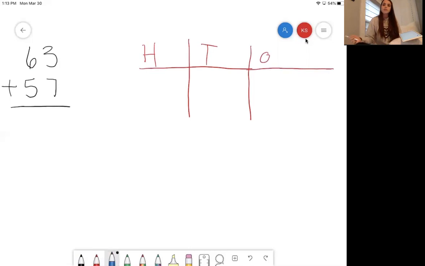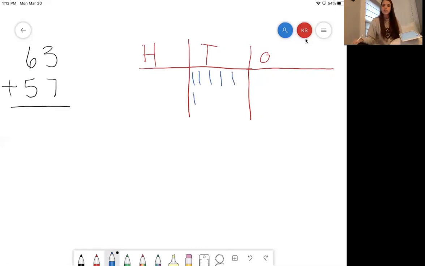The first thing I'm going to do is look at the number 63, and I'm going to ask myself, how many tens do I have in 63? Right, I have 6 tens in 63, so I'm going to draw 6 tens in my tens column. 1, 2, 3, 4, 5, 6.